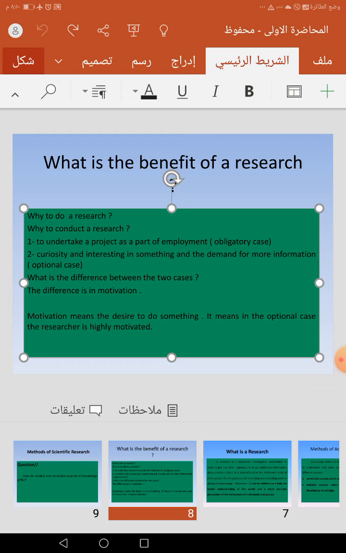In the second case, you hope and you like to do something and you are motivated. So the difference here is in the motivation. What is the meaning of motivation? Motivation means the desire to do something, دافعية. In the optional case, the researcher is highly motivated, لديه دافعية أكبر.